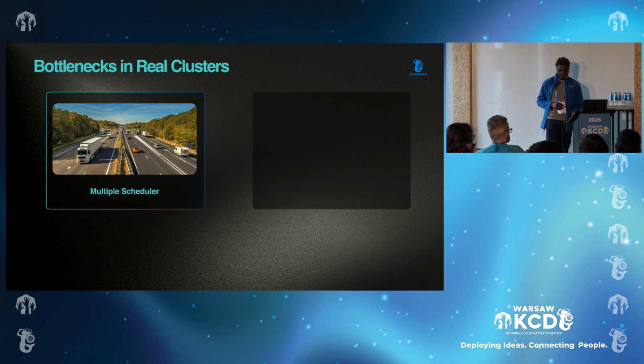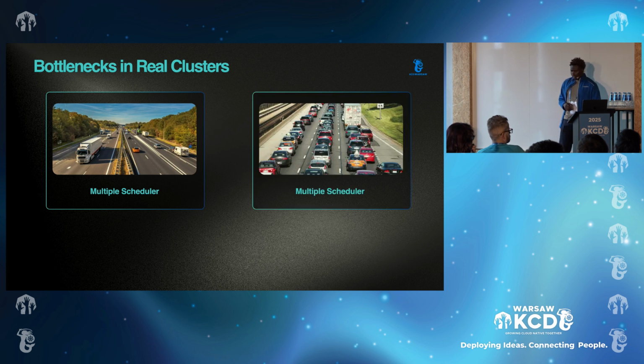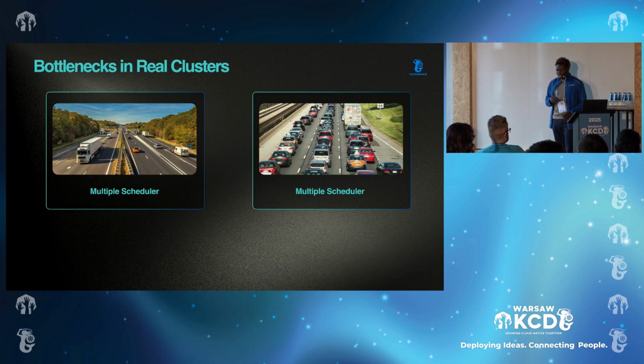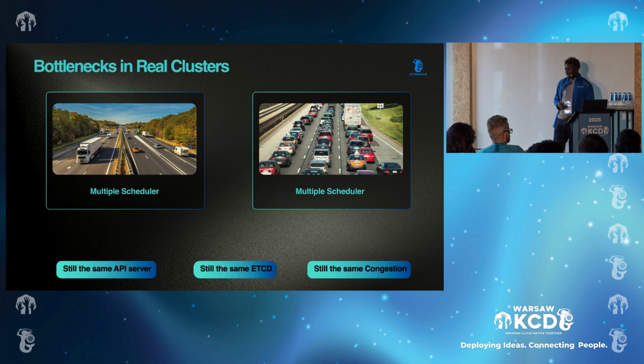Why? Because even though you have multi-scheduler assigned in your cluster, there is still a queue. The queue is there because, behind the scenes, we have the same API server, the same etcd, and definitely you are also going to have the what? The same congestion.